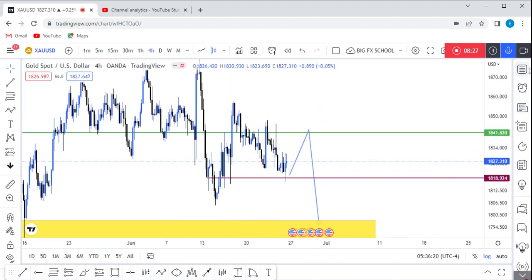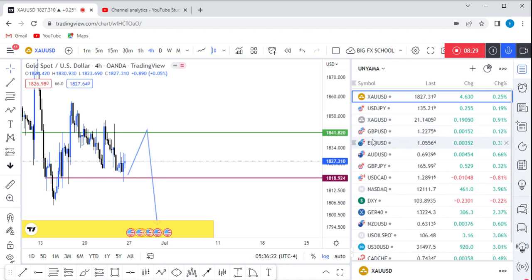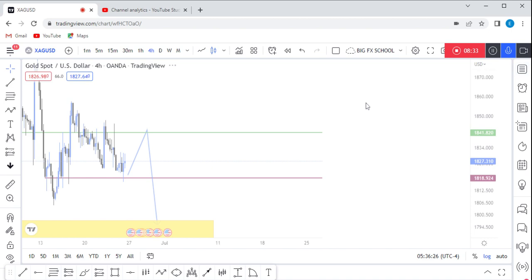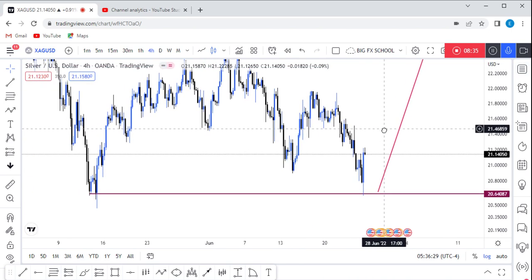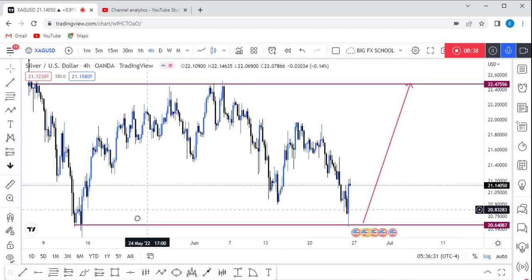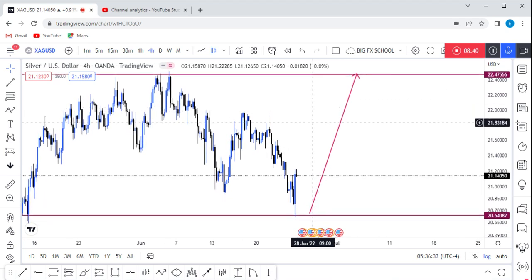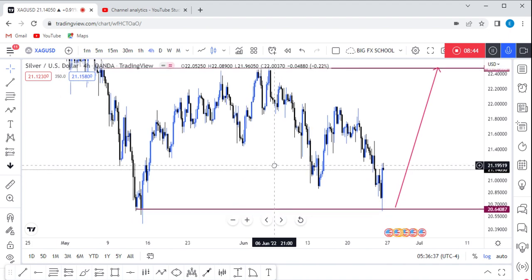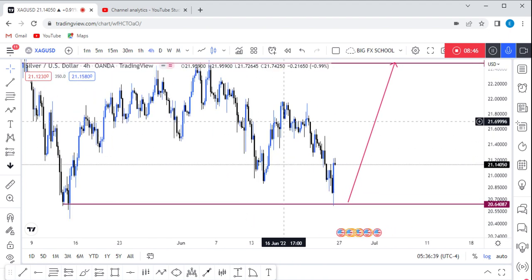Another setup, we can say silver. Silver is doing good because it reacted here. Then it must go up to this level. Silver is a buying setup. I will buy silver where I'm waiting to sell gold.